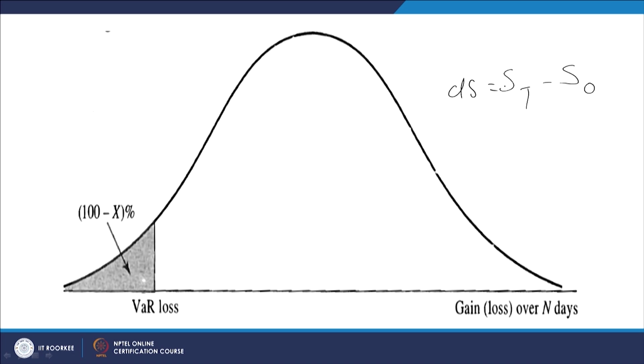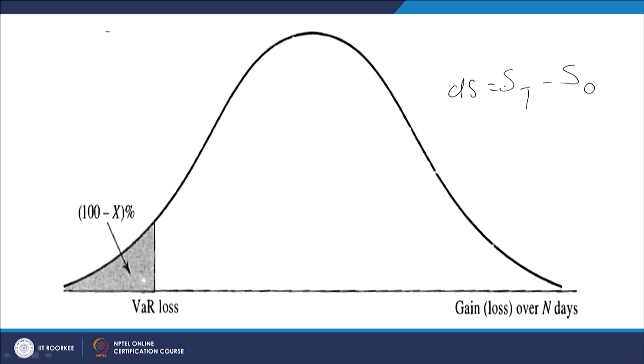If ST is greater than S naught, obviously we will move towards the right, and if ST is less than S naught, then we will move towards the left, and losses will occur. Moving towards the left represents losses, moving towards the right represents gains.